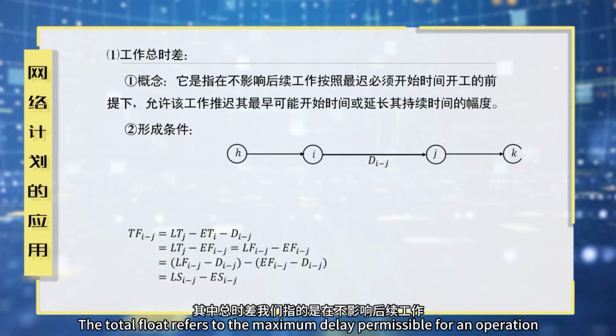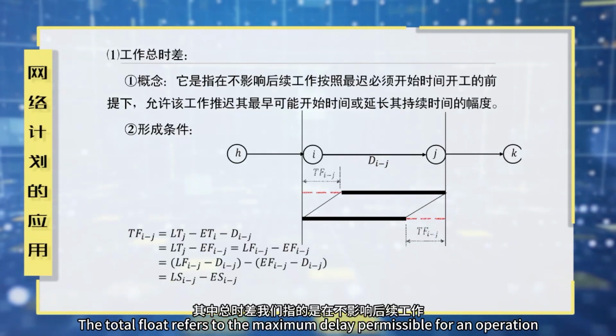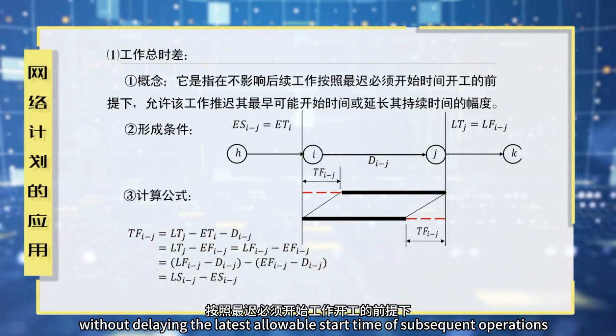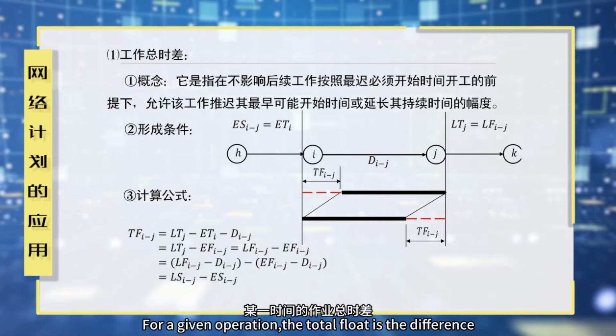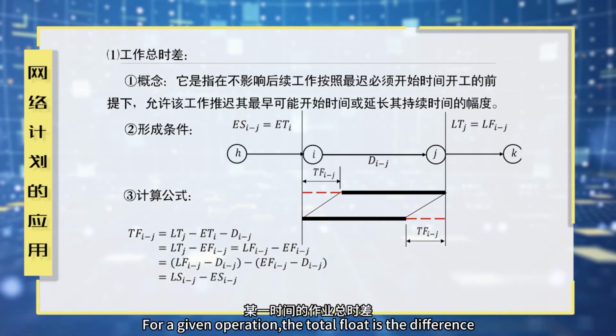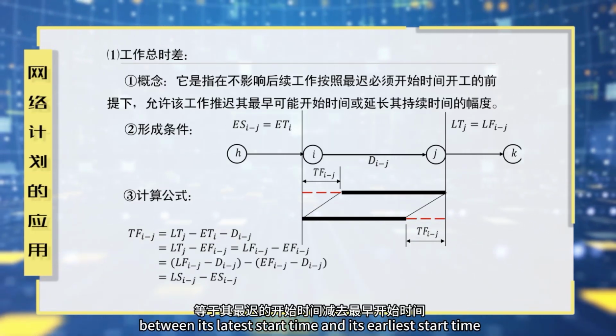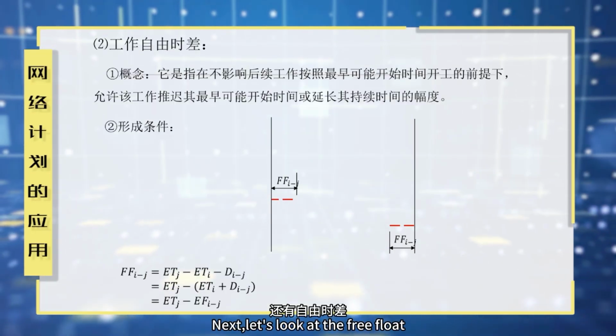The total float refers to the maximum delay permissible for an operation, without delaying the latest allowable start time of subsequent operations. For a given operation, the total float is the difference between its latest start time and its earliest start time. Next, let's look at the free float.